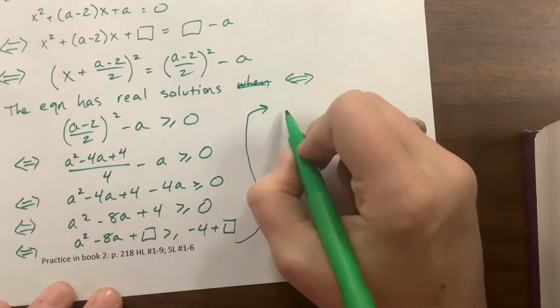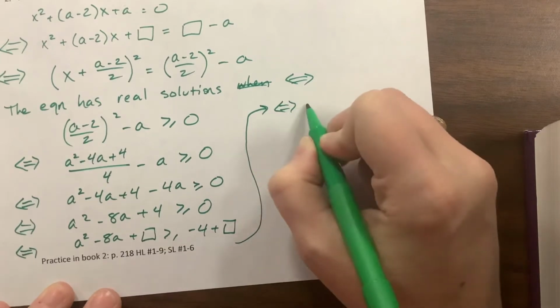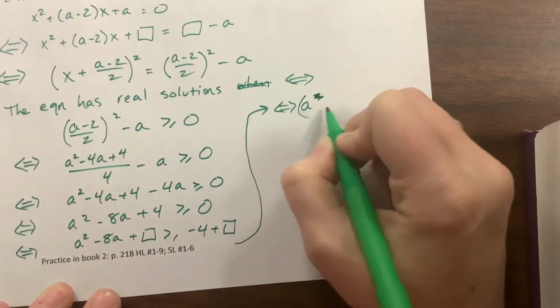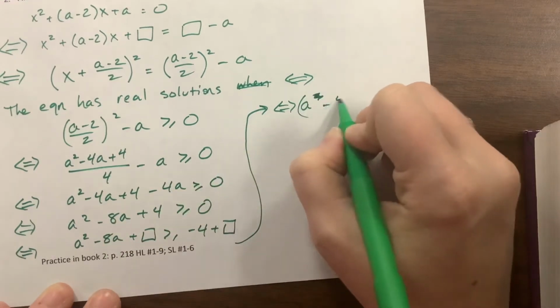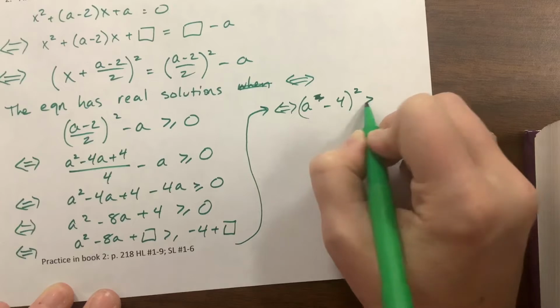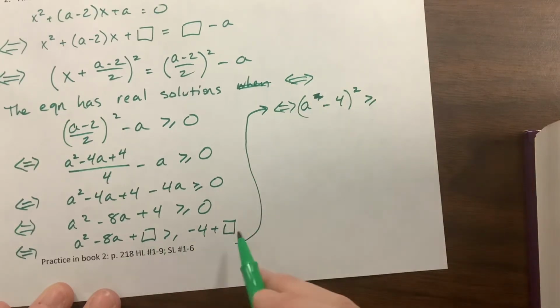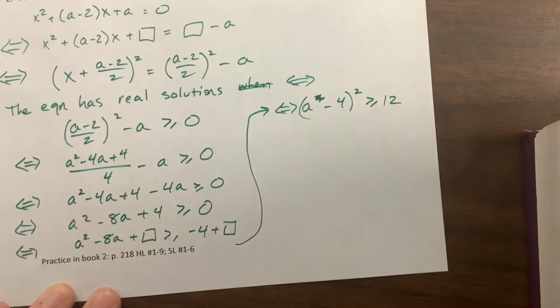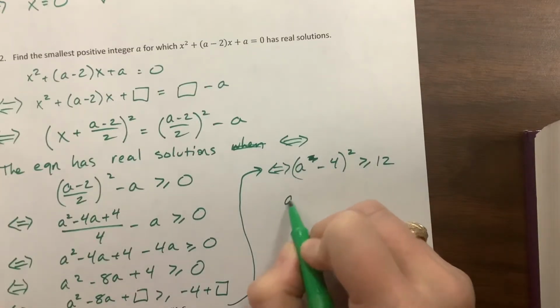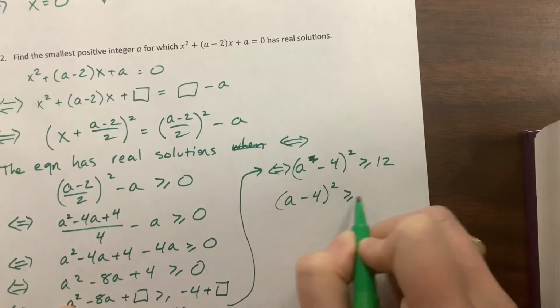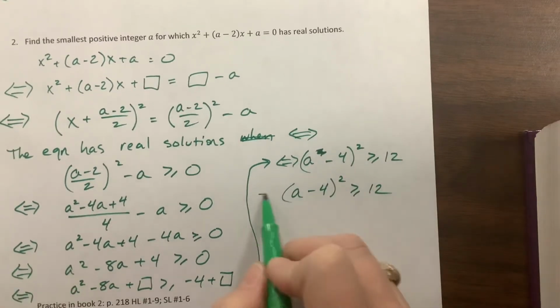The next thing I have is this is equivalent to (a minus 4) squared has to be greater than or equal to, well, 4 squared, that means 16 goes in my box. So that has to be greater than or equal to 12. So I have (a minus 4) squared has to be greater than or equal to 12.